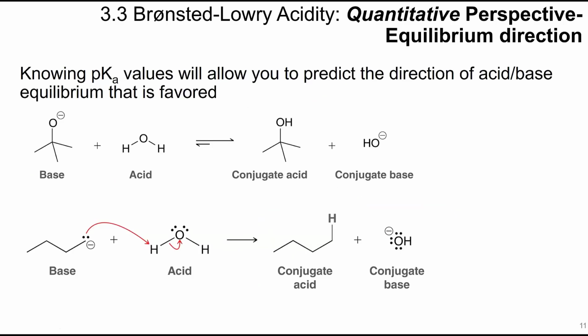If we know the pKa values, we can predict which direction of the equilibrium is favored in the acid-base reaction. For the first reaction here, we have a base plus an acid giving a conjugate base. When you're trying to predict the equilibrium based on pKa's, you need to compare the acids. So we're going to look at this acid and this conjugate acid.